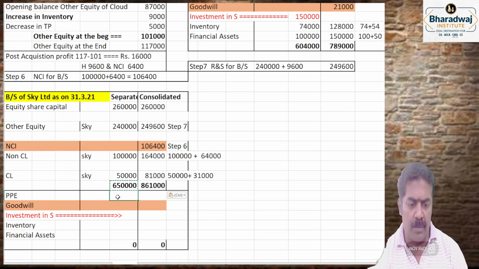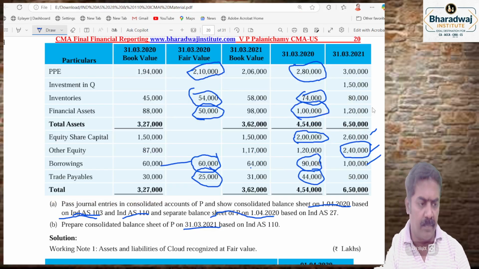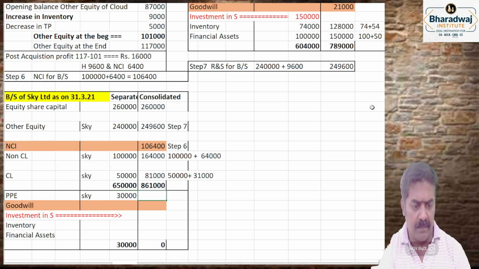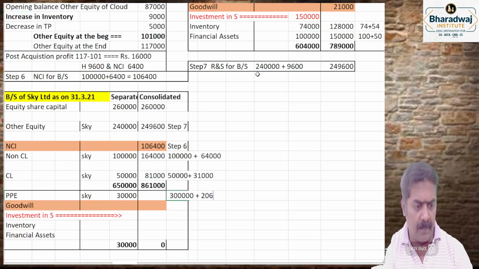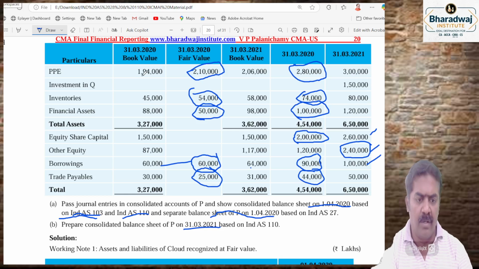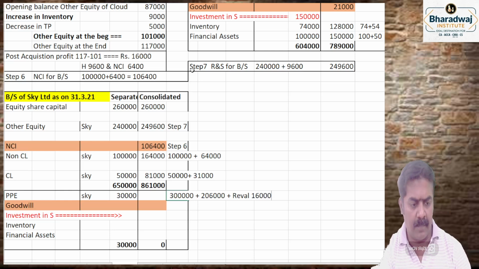Plant, property, equipment. Only Sky will come. How much? 3 lakhs. 3 lakhs plus the other one. 2,06,000 plus revaluation. Plus revaluation 194 to 2,10,000. How much total?